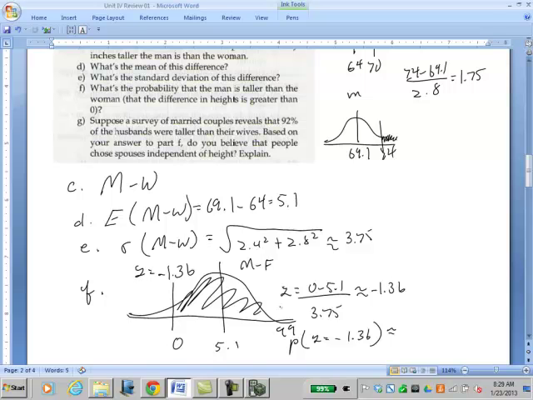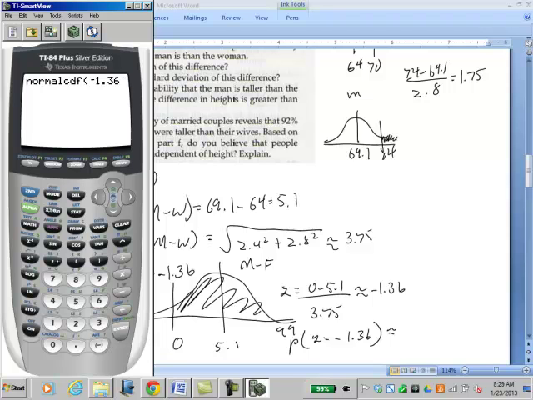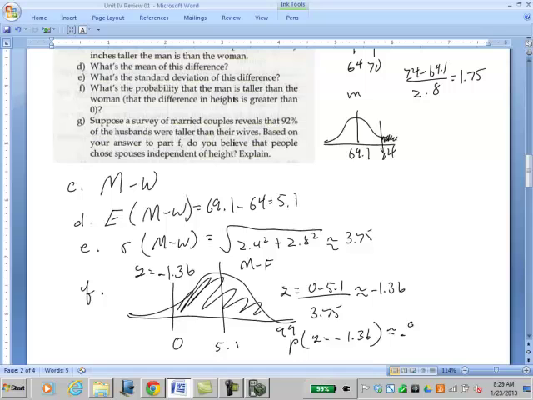We're going to go all the way to the right-hand tail, 99 Z's. Comma, 99, enter. So 0.913. So the probability of a randomly selected man being taller than a randomly selected woman is 0.913.